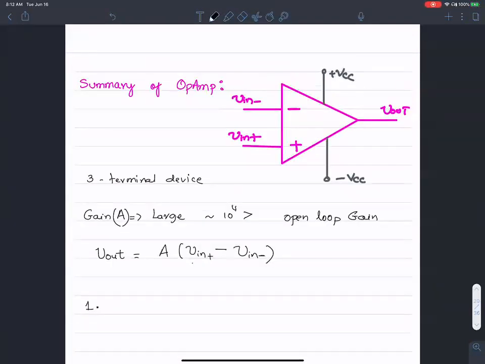Ideally, the open loop gain is infinity, a very, very large number. Owing to the fact that A is a really large number, I'm going to show it using the notation that limit A tends to infinity.